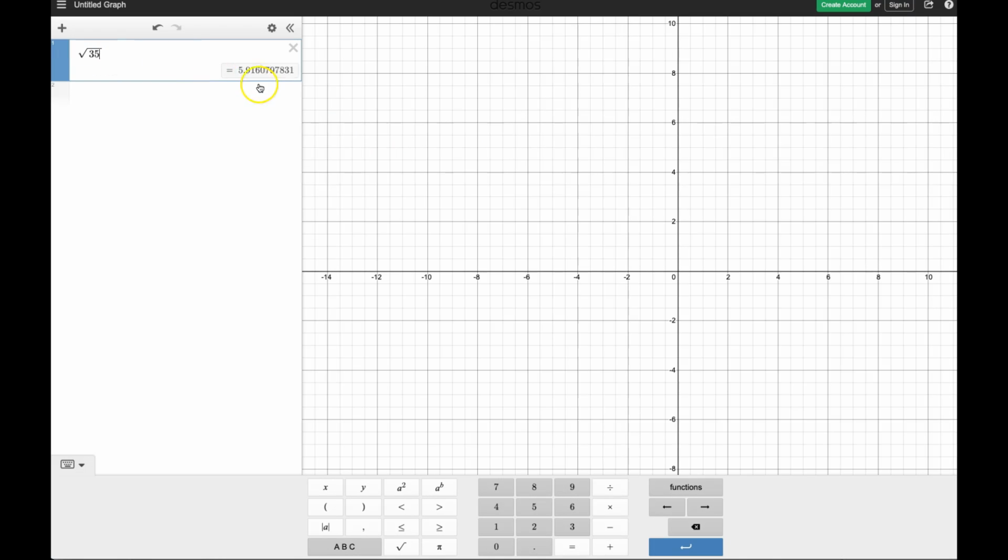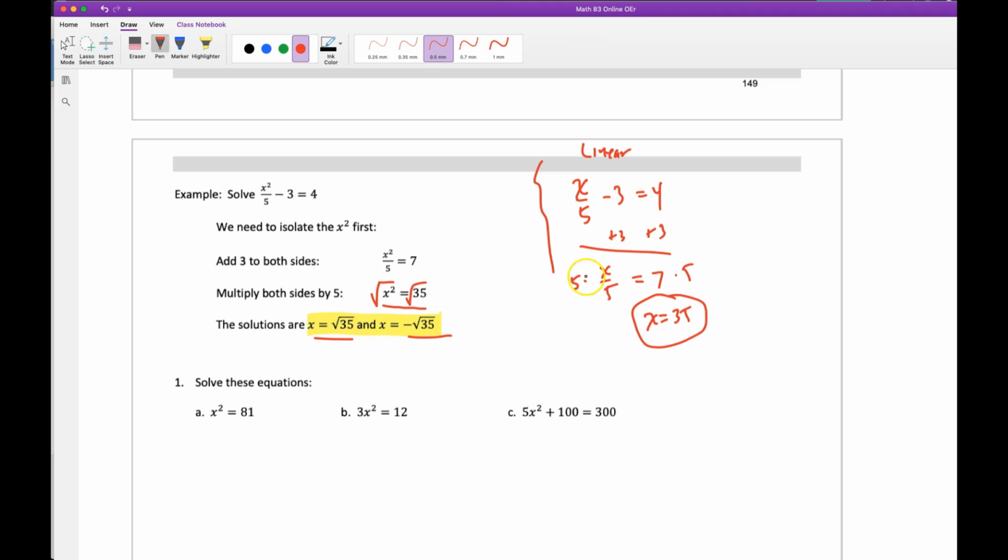And so I get 5.916. And so in this case, you could also say your answer is x equals plus or minus square root of 35, which equals plus or minus 5.916. Okay, in the next video, we'll take a look at solving more equations.